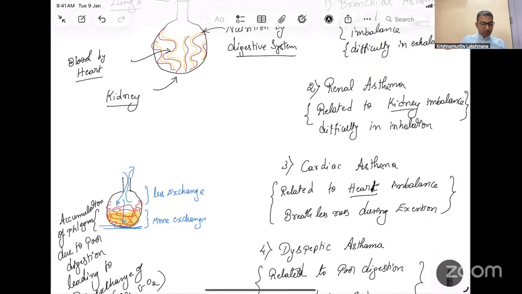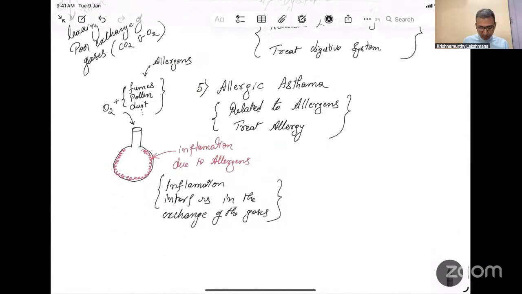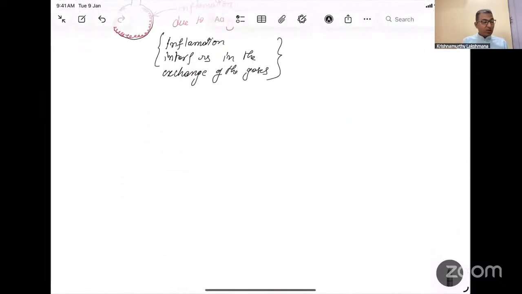But for allergic asthma, he has given a different set of points, which uses Dr. Wohl's points also, right? So in this way, there are different types of asthma. Okay, and there is also something called panting.